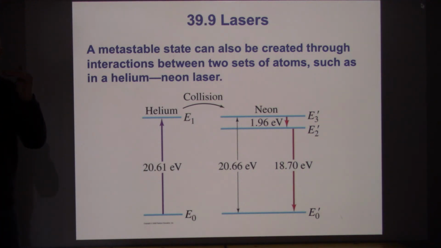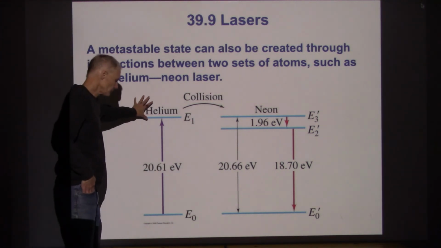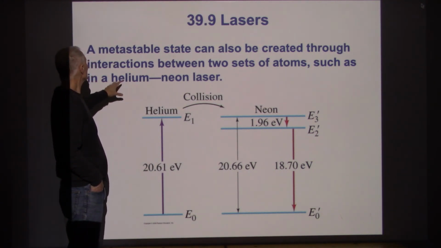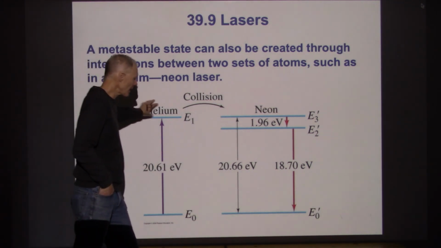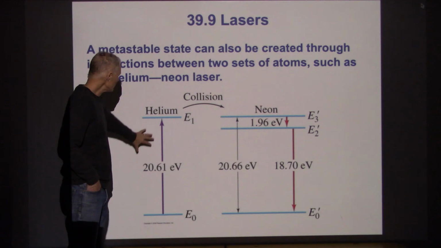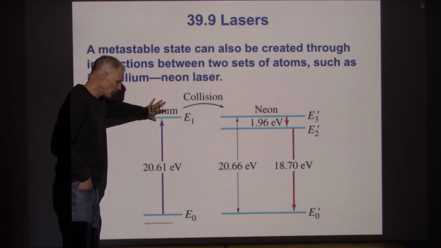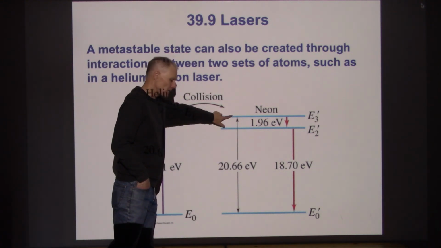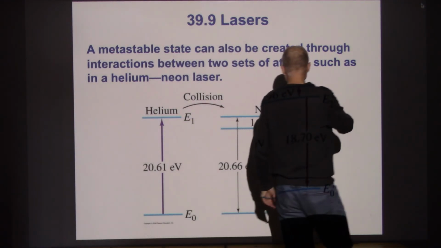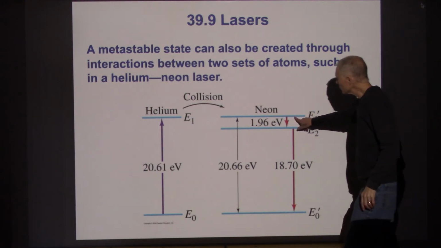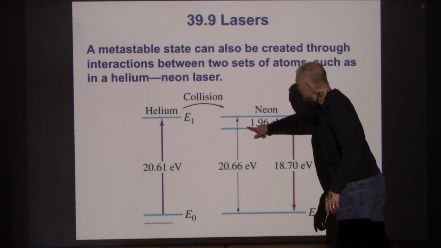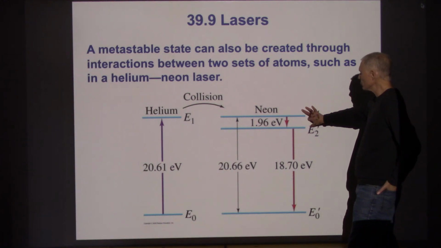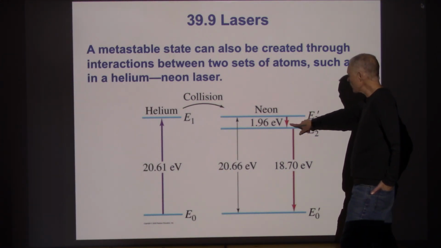From the excited state, when we have collisions, interactions between the helium and the neon, we're able to take the energy of these electrons and use them to excite an electron in neon. And then from this state, this is actually where the red helium neon laser light is coming from, is this transition within neon.